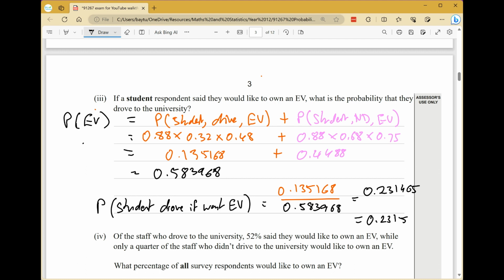For probabilities, it doesn't matter hugely how you round it, but generally 3 to 4 decimal places is fine. So that is the answer.